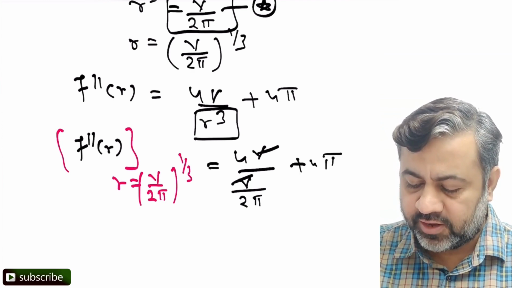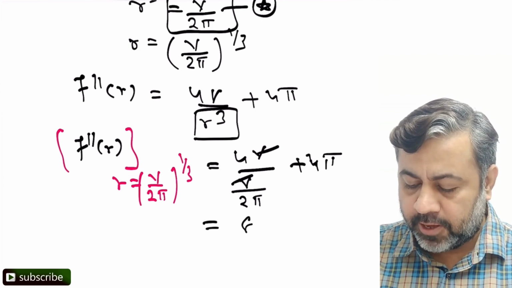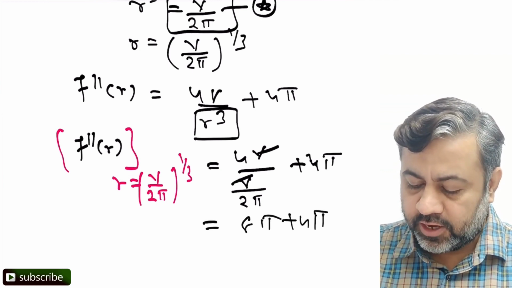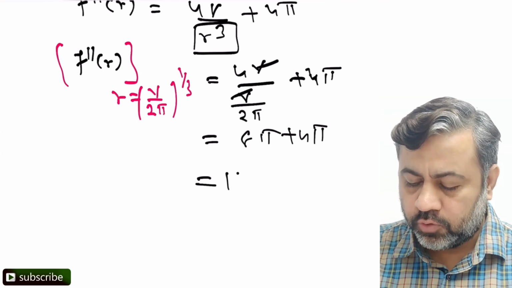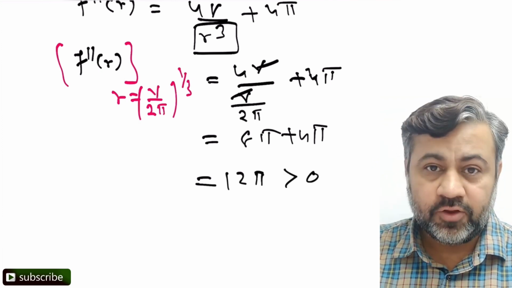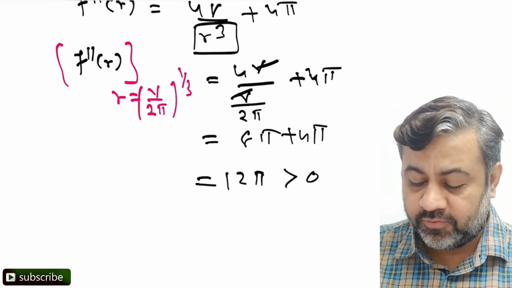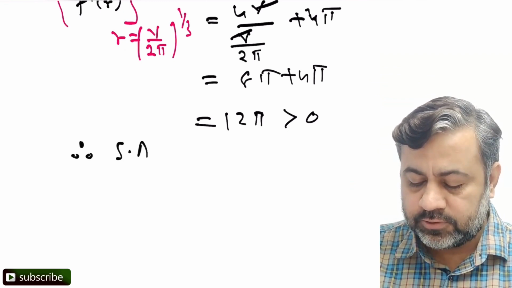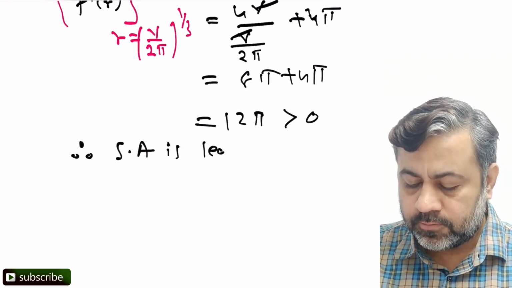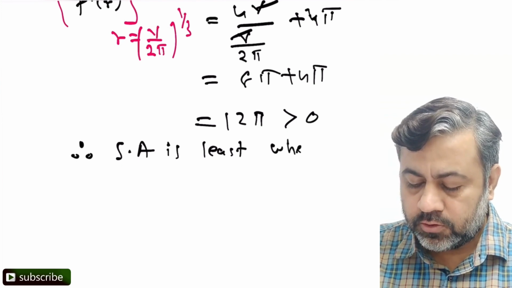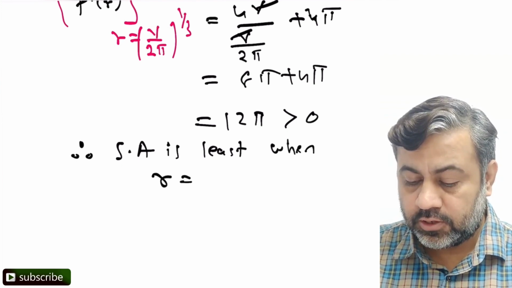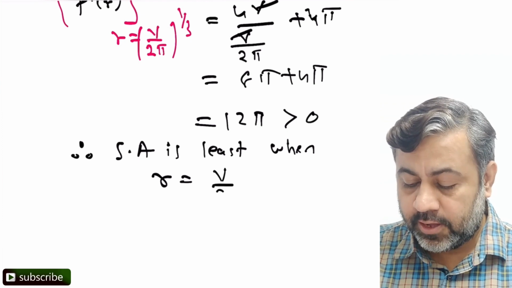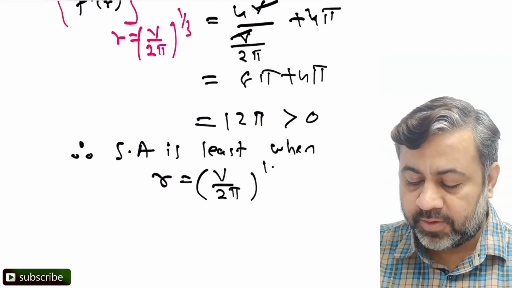What we get finally is 8 pi plus 4 pi. 8 pi plus 4 pi is 12 pi, a positive value for sure. Since this is a positive value, I say therefore the surface area is least when the radius is v by 2 pi to the power 1 by 3.